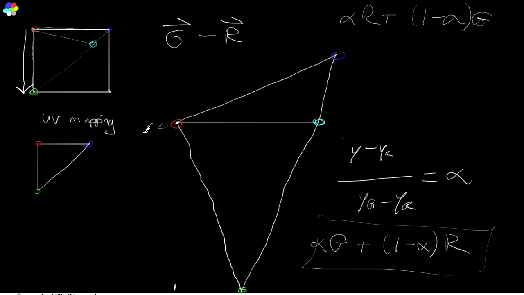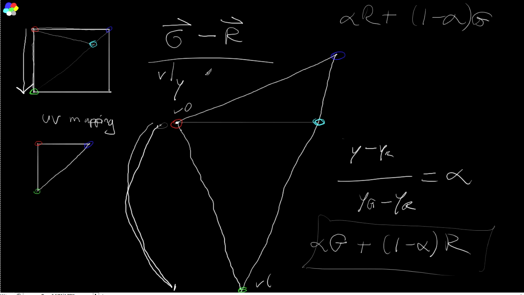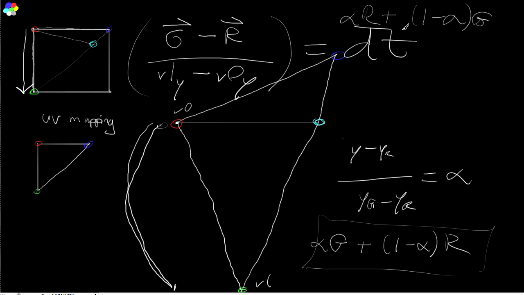And then we divide by this total distance here, the total number of steps you take from this start point to this end point in the y direction. So if this is vertex 0 and this is vertex 1, then we would go v1y minus v0y. And this is equal to dt, delta texture, which is also a vector. Okay. So we're making some headway.